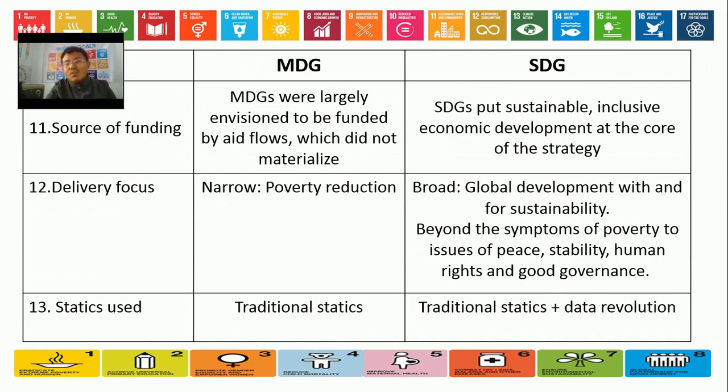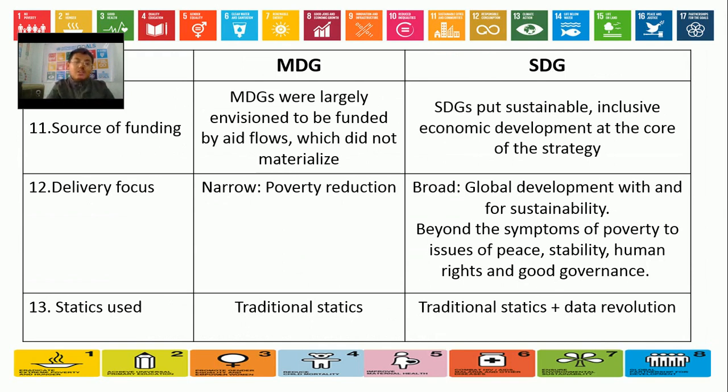And the delivery focus in the MDG was mainly poverty reduction, narrowly, while the focus of the SDG is very broad, global development for sustainability, going beyond the symptoms of poverty to the issues of peace, stability, human rights, and governance.